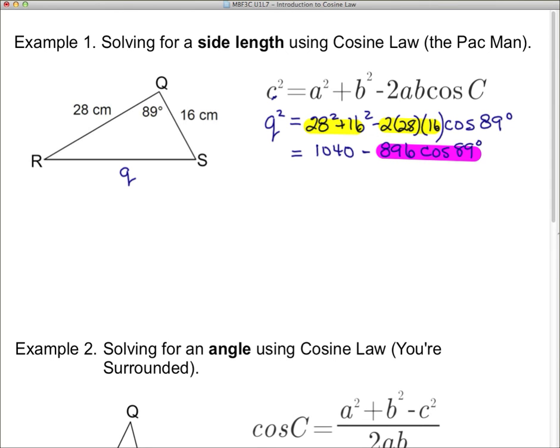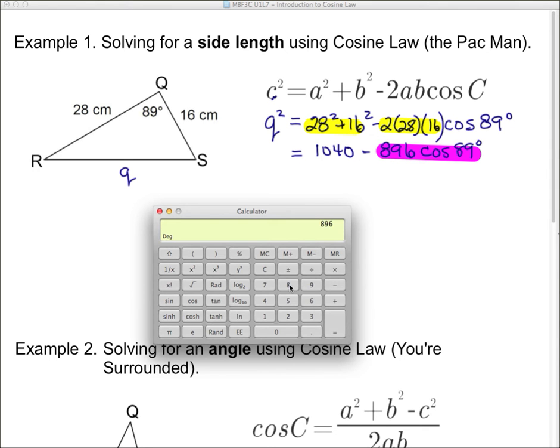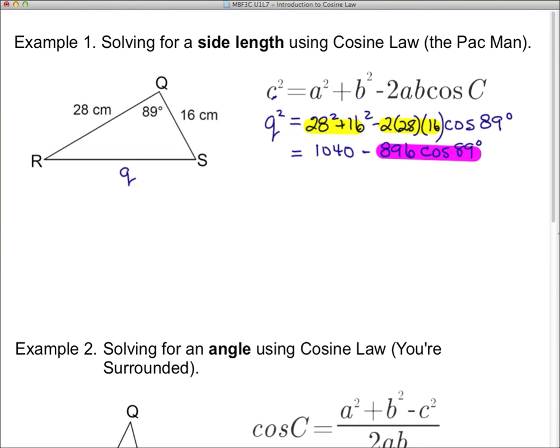So where's my calculator? 896 times 89 cos. And now I have to hit equals. Don't forget to hit equals. That says 15.6374. So let me get my pen again.